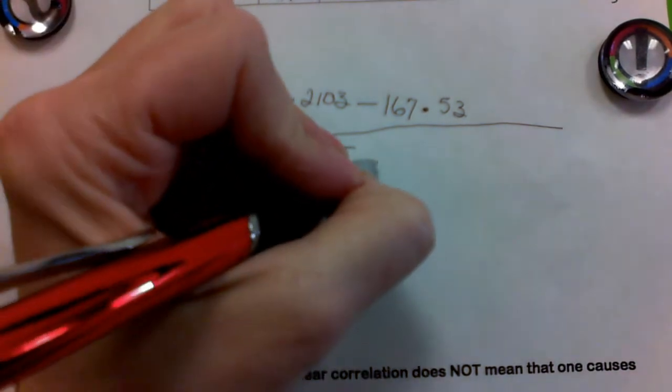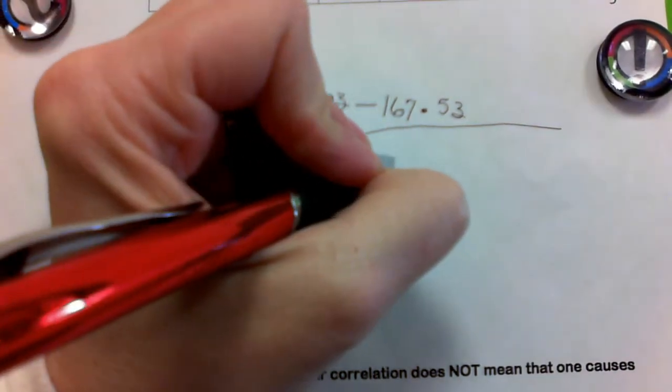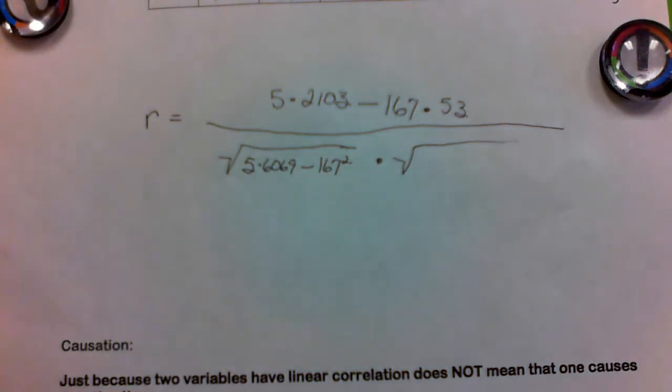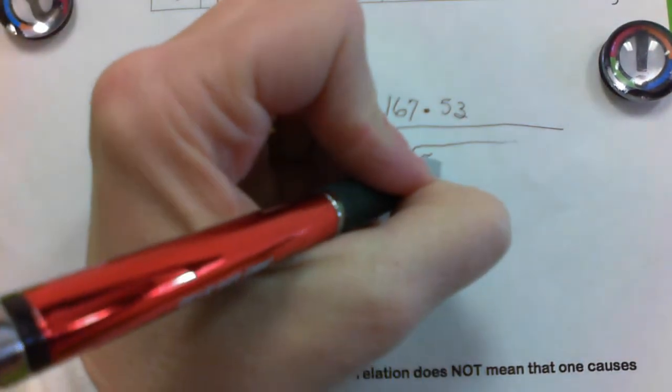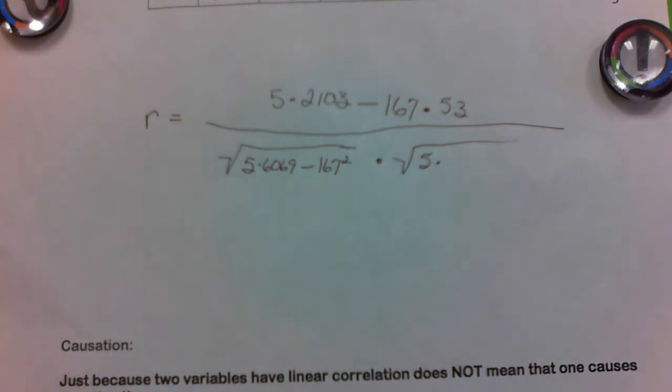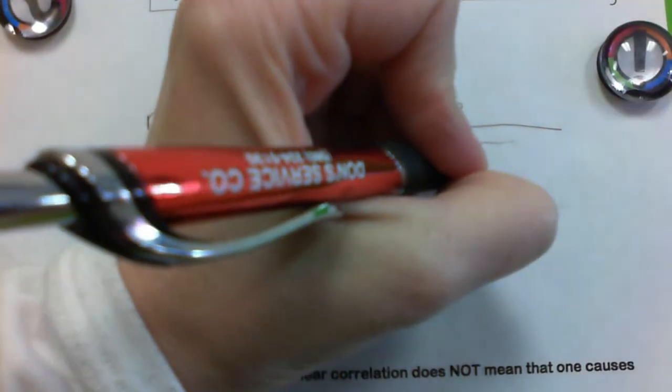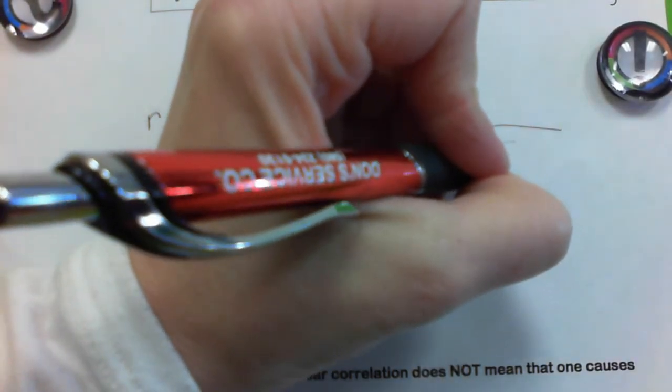And that's one radical. And I'm going to multiply that times the second radical, which is n, which is 5, times the summation of y squared, which is 789, minus the summation of y, which is 53 to the second power.